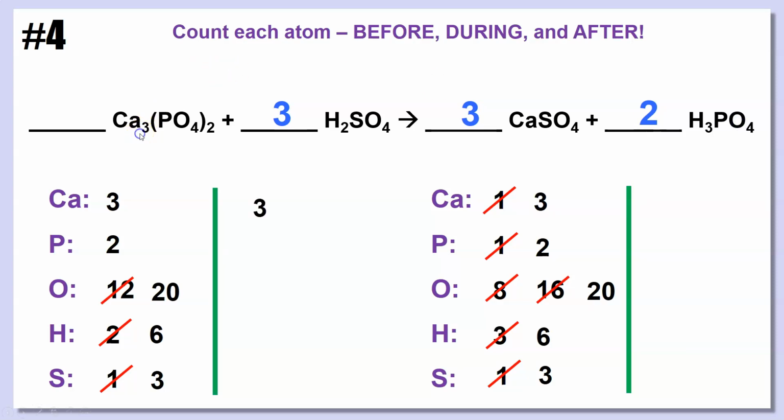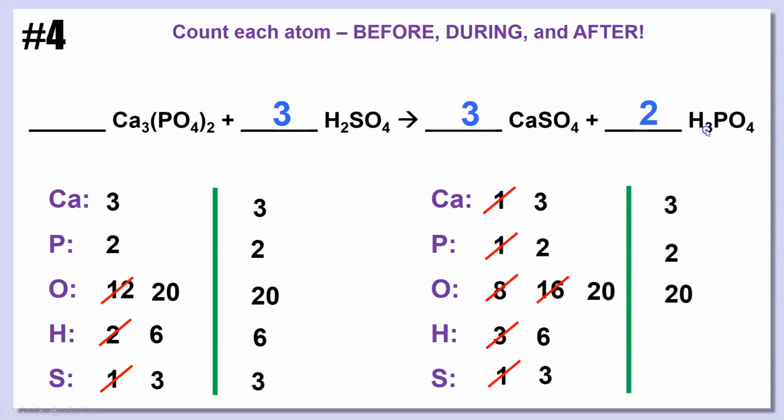Okay, 3 calciums. I got 2 phosphorus. 4 times 2 plus 3 times 4. That's going to add up to 20. 3 times 2 is 6. I got 3 sulfurs. Okay, this side. 3 calciums. 2 phosphorus. 3 times 4 plus 2 times 4 is 20.